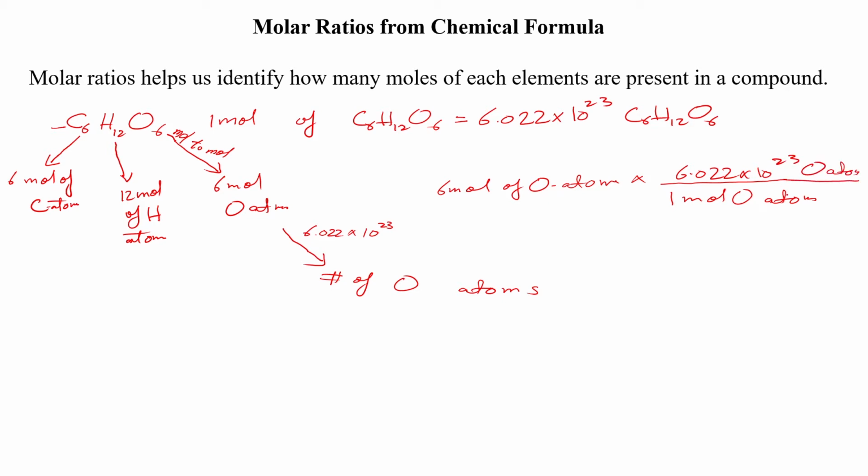This is the normal conversion factor with Avogadro's number. So this will cancel, and when you multiply these two, you will get the number of oxygen atoms.